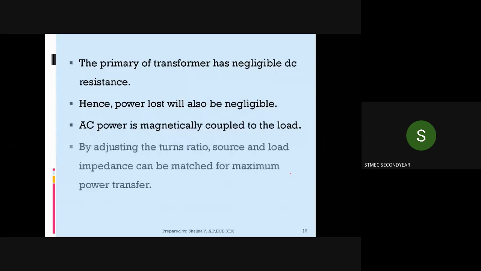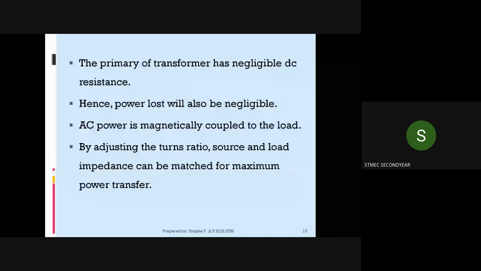And by adjusting the turns ratio, N1 by N2, that is, the number of turns in the primary divided by the number of turns in the secondary, by using a proper transformer, the source and load impedance can be matched for maximum power transfer.